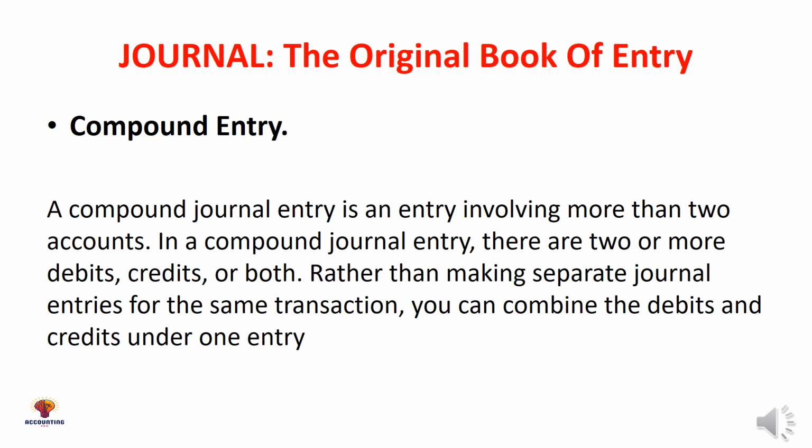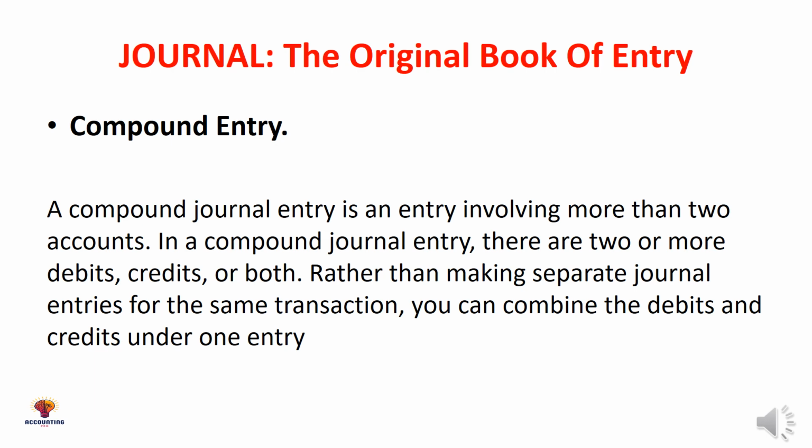Now we will discuss compound entry. The entry in which more than one account is debited or more than one account is credited is known as compound entry. Three or more accounts are connected with a compound entry. For example, suppose on 16 May 1991 we paid rupees 500 on account of salaries and rupees 300 on account of rent.